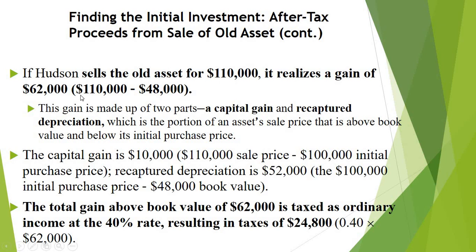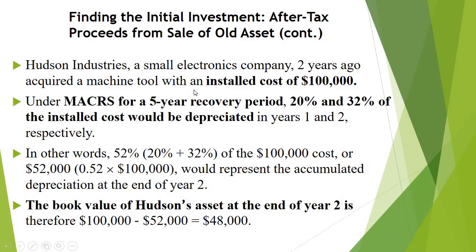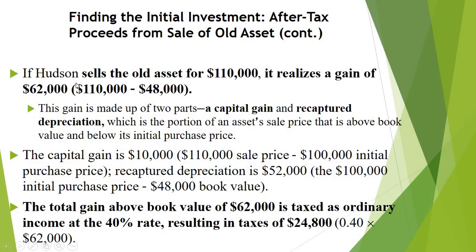That's the selling price of this asset, 110,000, minus 48,000. Previously, we found that the book value of the Hudson Industries asset is $48,000. So based on this book value, gain on sale of this asset is 62,000.